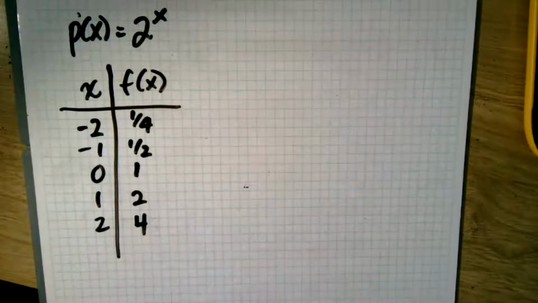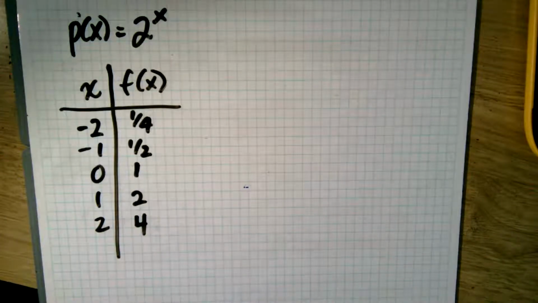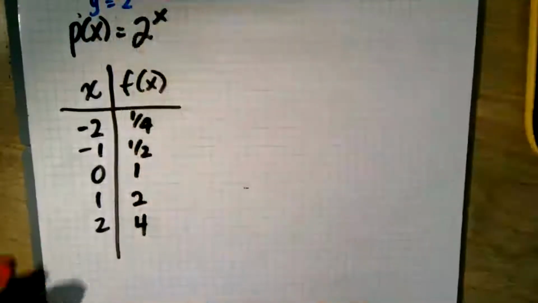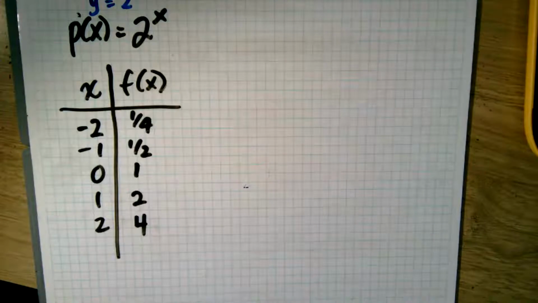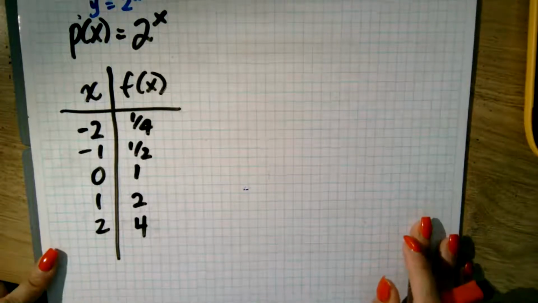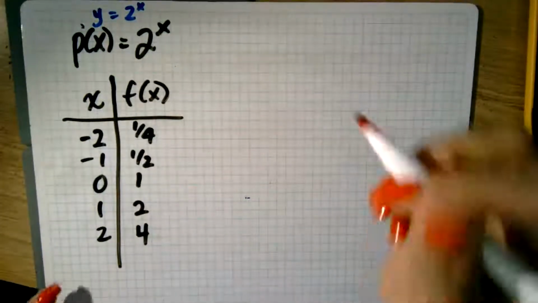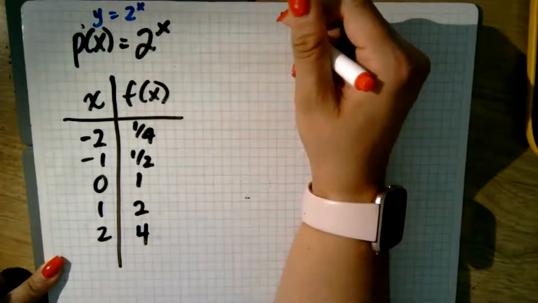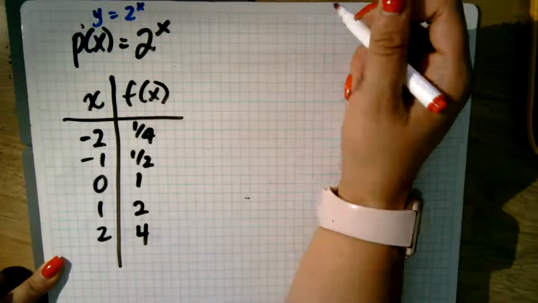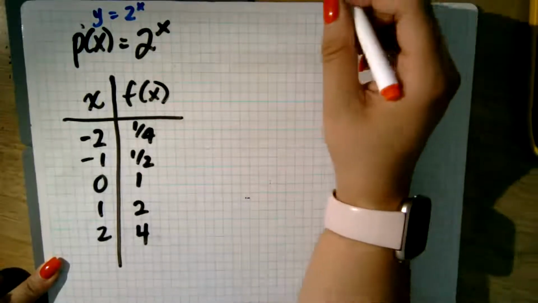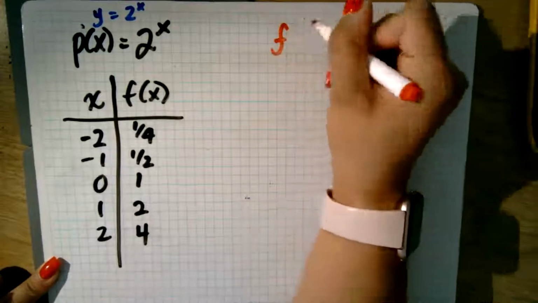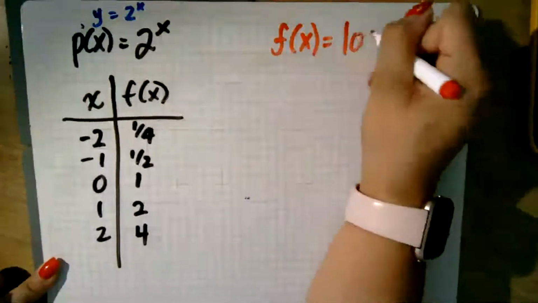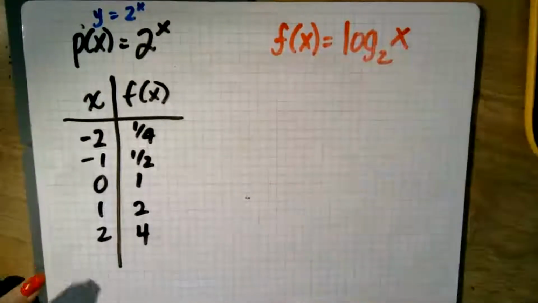Okay. Now remember, we said that this is the same as me saying y equals 2 to the x. So now I'm going to write the inverse function. I'm going to write the inverse function in that format. So now I have f of x equals log base 2 of x.